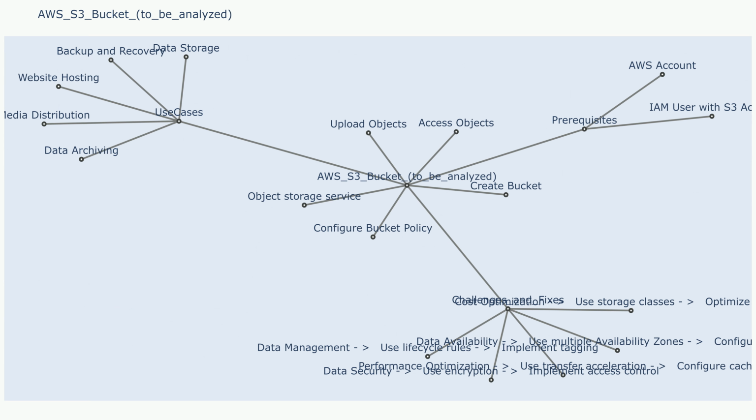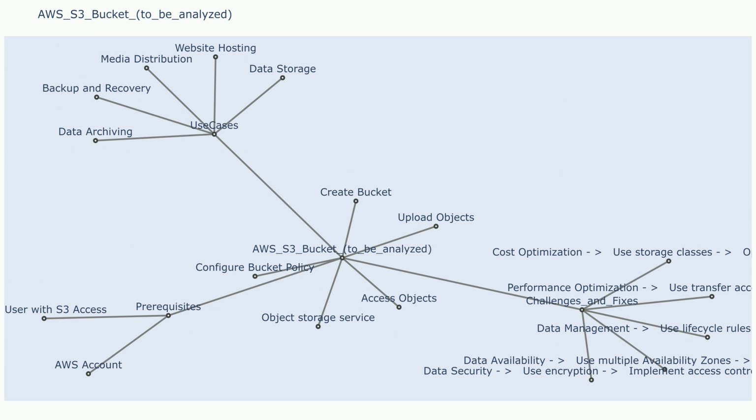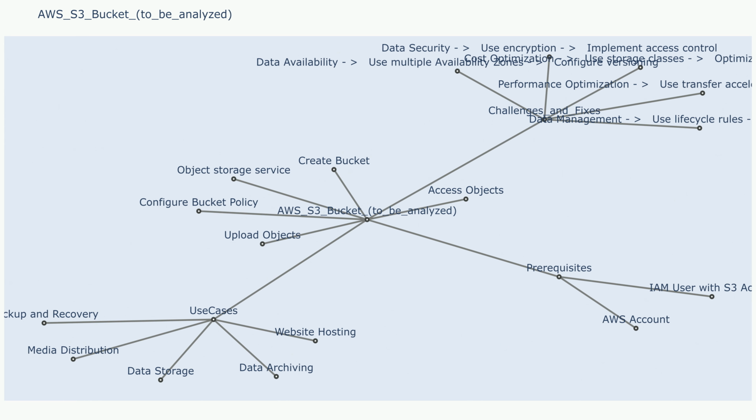website content. You can use S3 for backup and recovery, storing data backups to ensure data protection and disaster recovery. You can configure your applications to regularly backup data to S3. S3 is well suited for data archiving, storing data for long periods, which can be useful for regulatory compliance or historical record keeping.